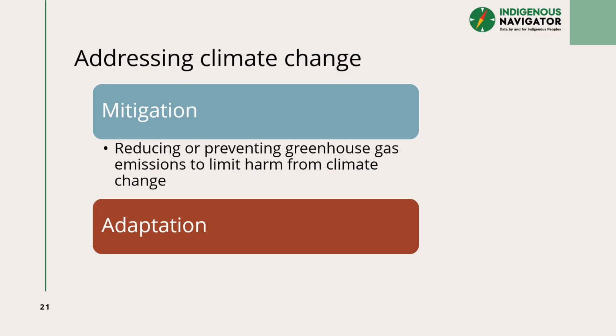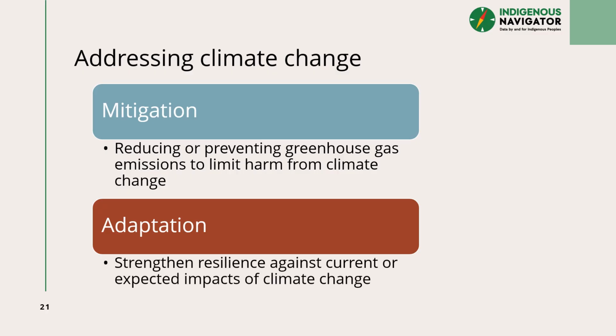For example, by reducing or stopping the use of fossil fuels and transitioning to renewable energy. Adaptation involves activities that strengthen resilience against current or expected impacts of climate change to reduce and prevent further harm. For example, developing community emergency response plans and building infrastructure that can withstand extreme climate events.